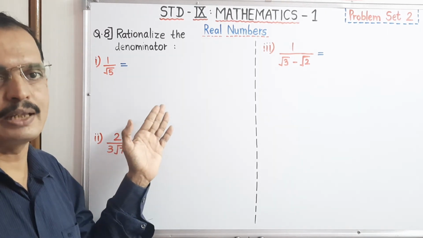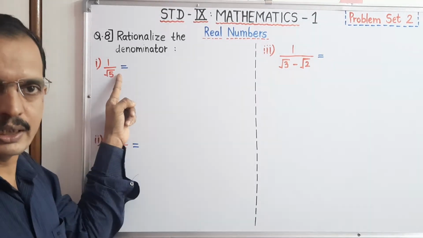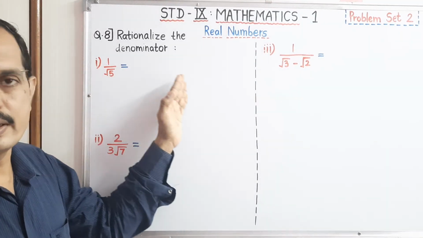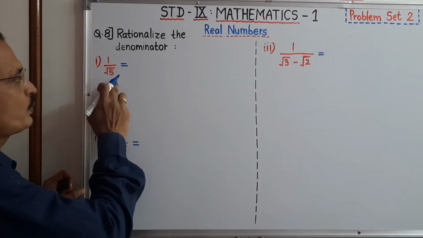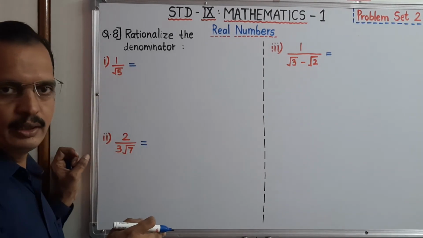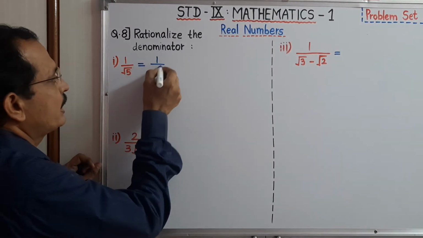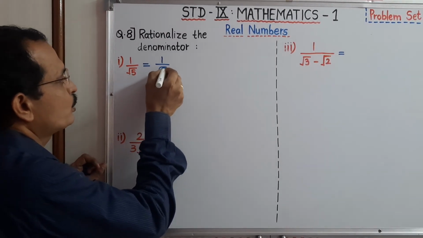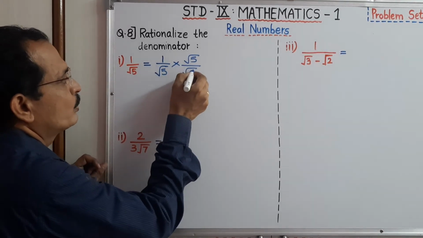For finding out the rationalizing factor, we have to multiply this with the rationalizing factor and we will get the answer as a rational number. Therefore see here, 1 upon root 5, the denominator is root 5. Therefore we have to multiply with root 5. We write 1 upon root 5 into root 5 upon root 5.